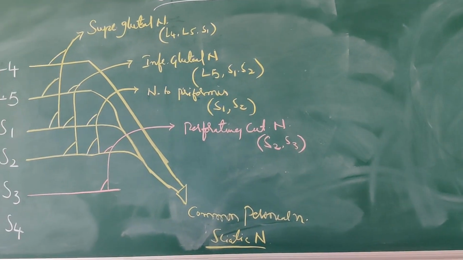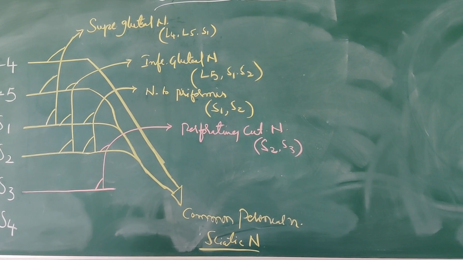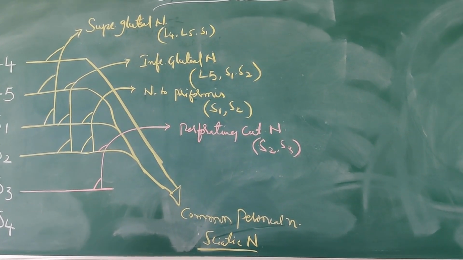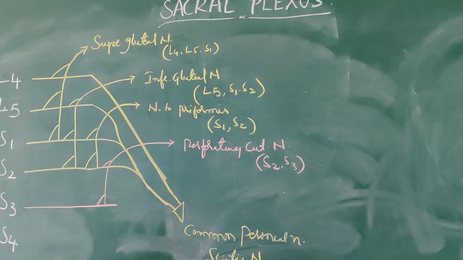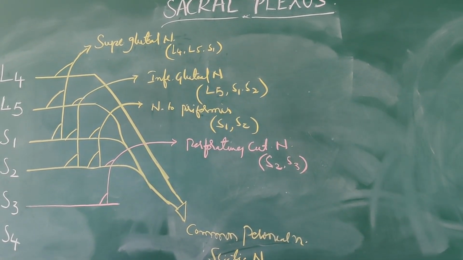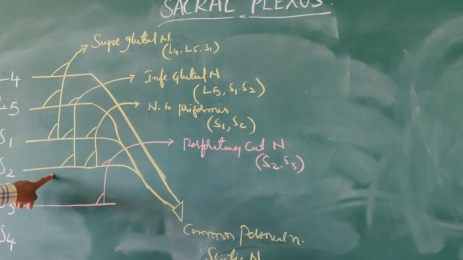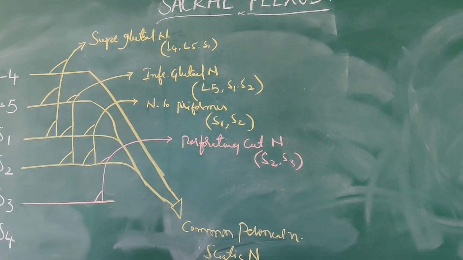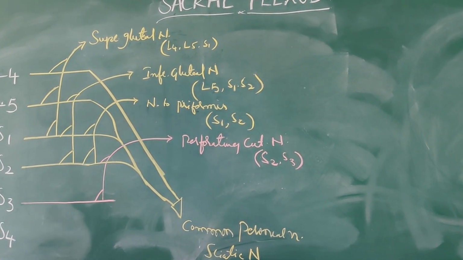Then the last one, the posterior cutaneous nerve of thigh, receives contributions from the posterior divisions of S1, S2 and also S3. So let me show you here.